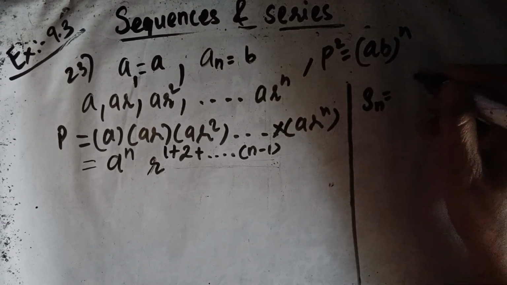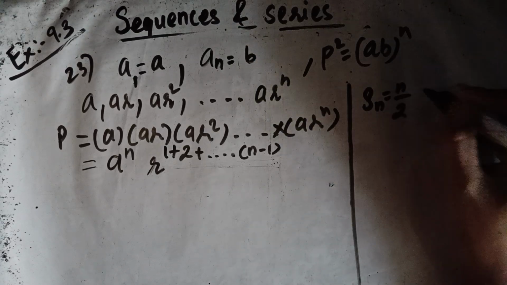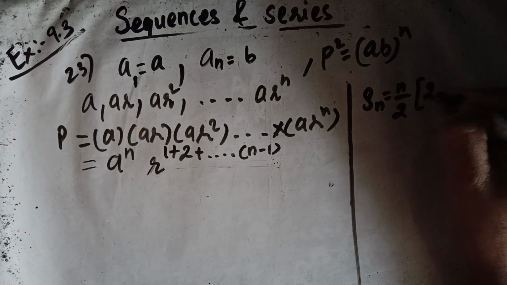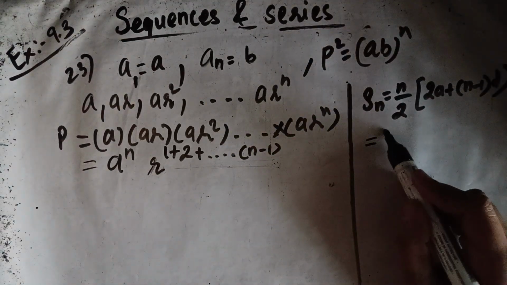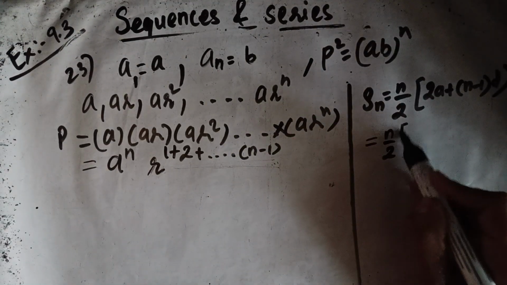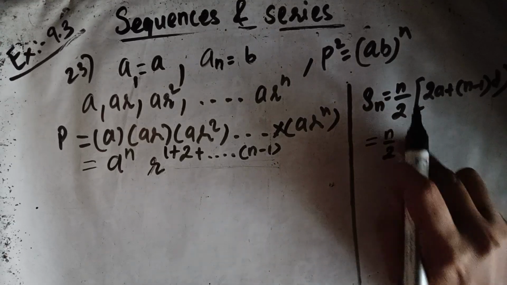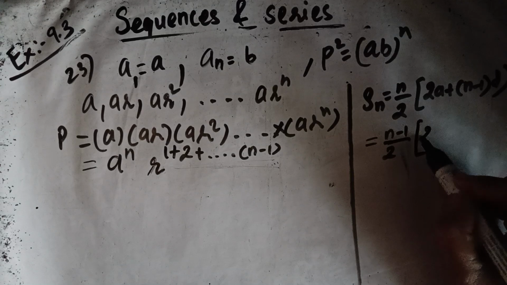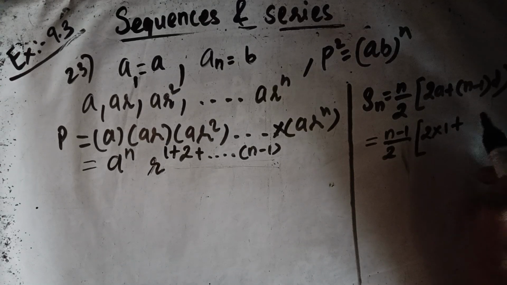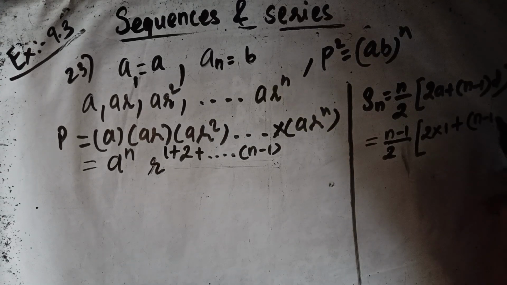Sum in AP is given by Sn equals n by 2 into 2a plus n minus 1 d. Here n is n minus 1, a is 1, and d is 1.